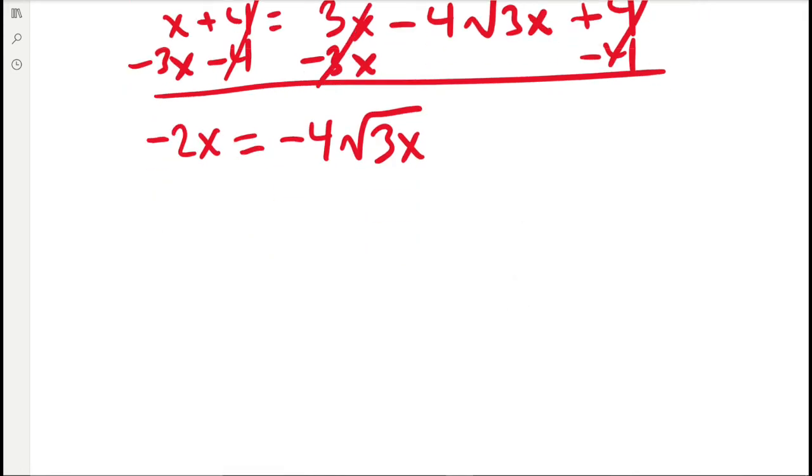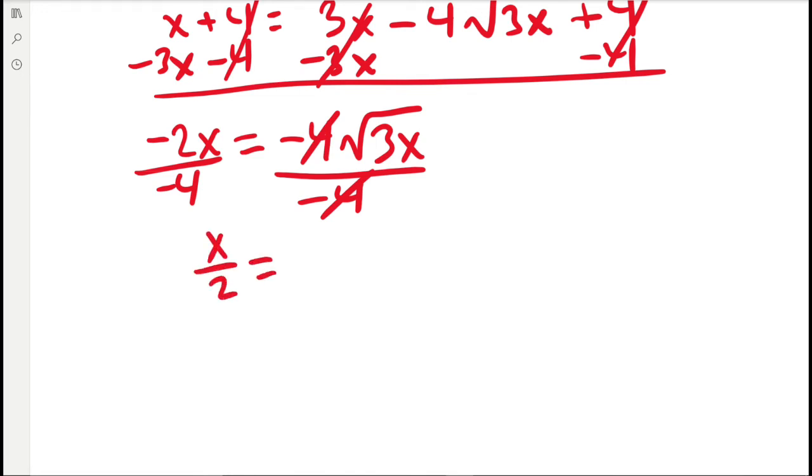So now we're going to get rid of this negative 4 there by dividing it on both sides. So this here becomes negative 2 over negative 4, which is going to be a half, so that becomes x over 2. There's an invisible 1 there, but I'm not going to write it. Again, this is reduced to a half. And then this is equal to square root of 3x. So now the square root is finally by itself.